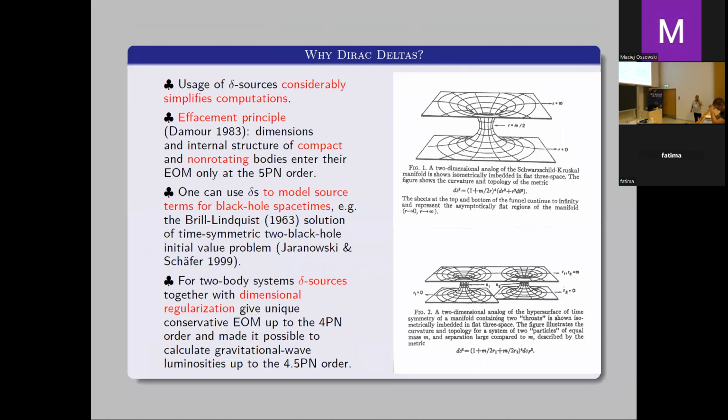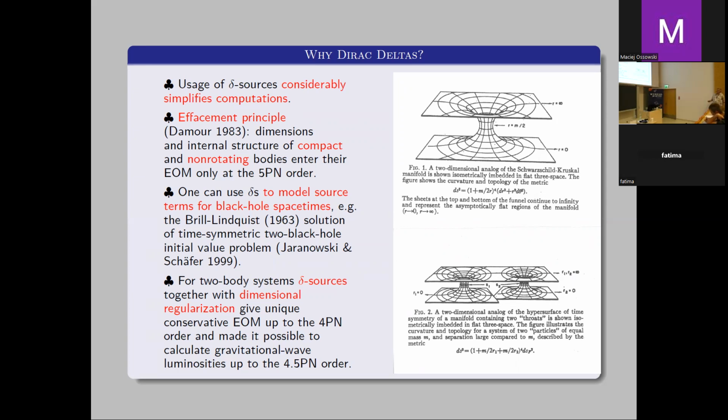Why Dirac deltas? I think that this is the most important thing: they simplify computations considerably, which are still very, very complicated at higher post-Newtonian orders. But we can also tell here about the effacement principle, first proved probably by Damour, but then proved also by other people.